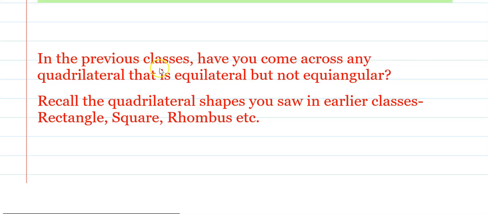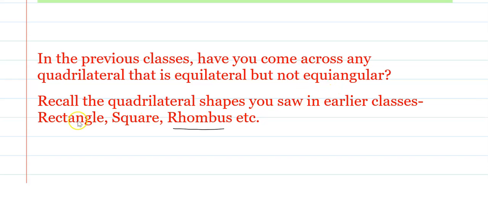In previous classes, have you come across any quadrilateral that is equilateral but not equiangular? Yes. The rhombus was the figure in which all the sides are equal, but it was not equiangular.